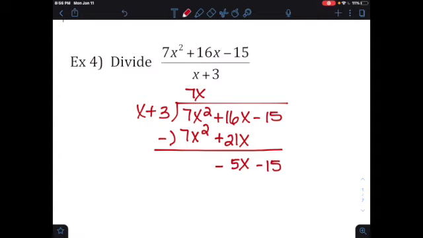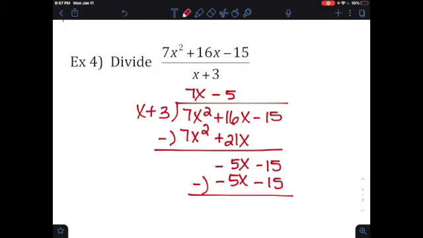X plus 3 divides into negative 5x minus 15. Well, x times what gives you negative 5x? That's going to be a negative 5. X times negative 5 is going to be negative 5x. 3 times negative 5 is going to be negative 15. Notice if you do negative 5x minus negative 5x, that's 0.